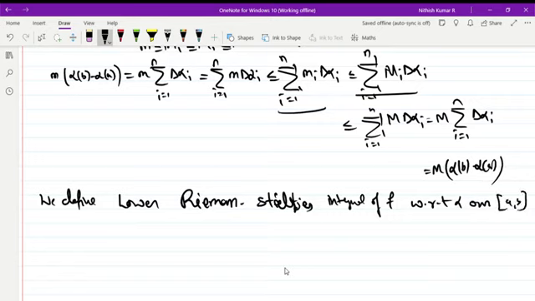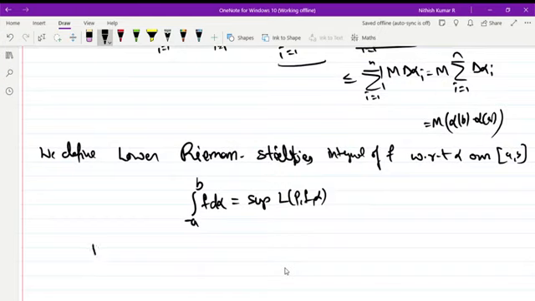In the previous case it was with respect to x over the closed interval [a, b]. Here we write it with respect to alpha, by integral a to b, with an underline to represent the lower Riemann Stieltjes integral of f. So here we write f d alpha, not f dx, which is nothing but the supremum of L(P, f, alpha).